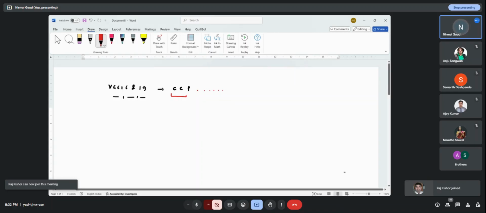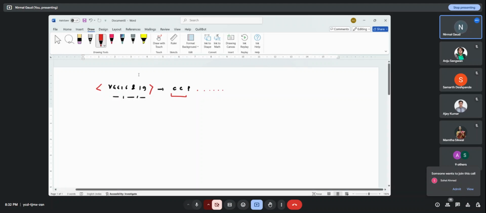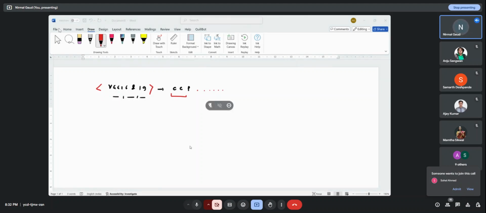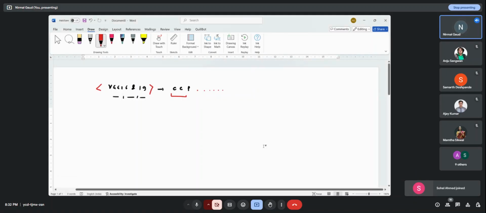We can also make such architectures from our side, but the importance of these pre-trained architectures is that they have weights of the ImageNet data set, and in the ImageNet data set we have millions of images over which these models are trained.